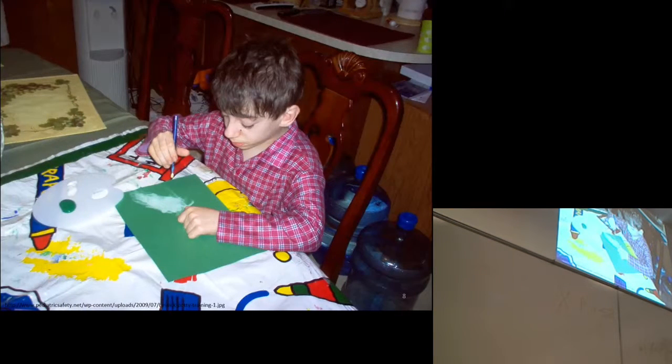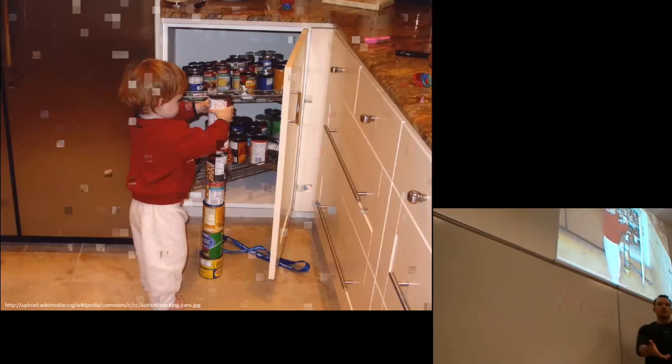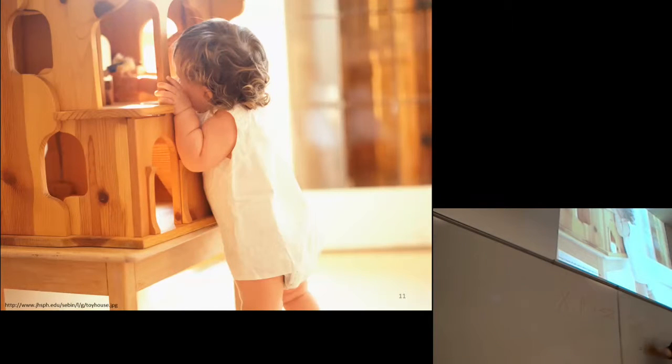So we can help this child, this autistic child here, these 2 autistic children in a music program, this child who is showing that classic cup stacking behavior that autistic children often display. We can help this child that is showing that isolated play that oftentimes happens with autistic children.